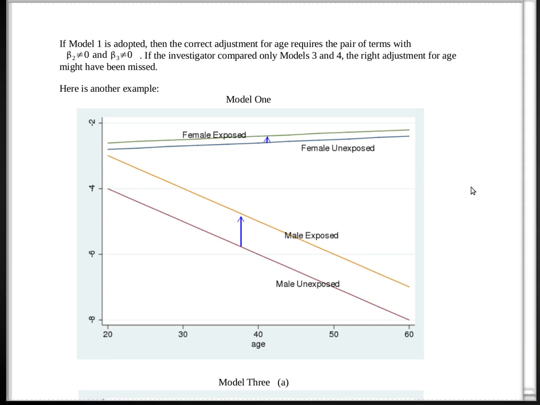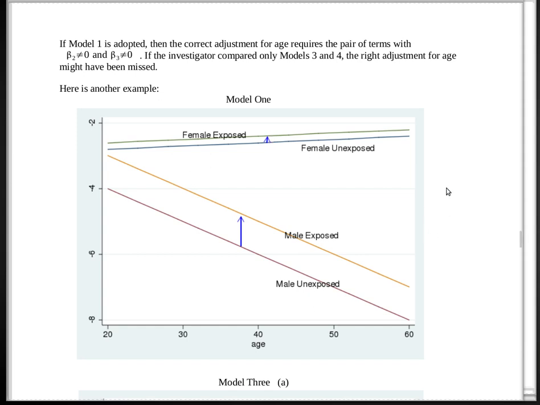Hence, we can discuss gender modification. So with this image, Model 1 is showing us a big difference. The log odds ratio, adjusted for age, for the males is much bigger than the log odds ratio adjusted for age for the women.